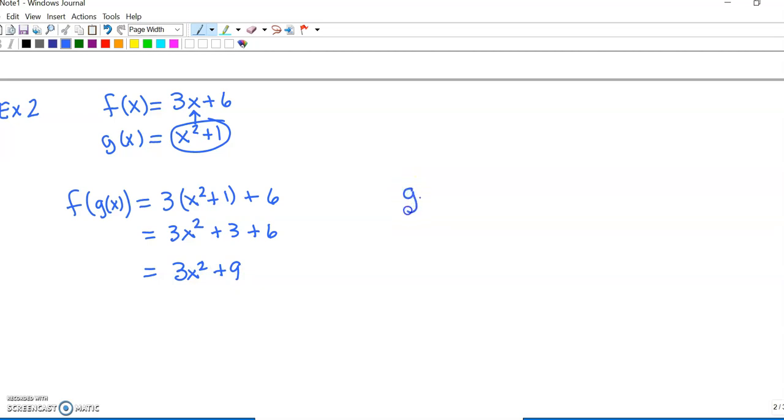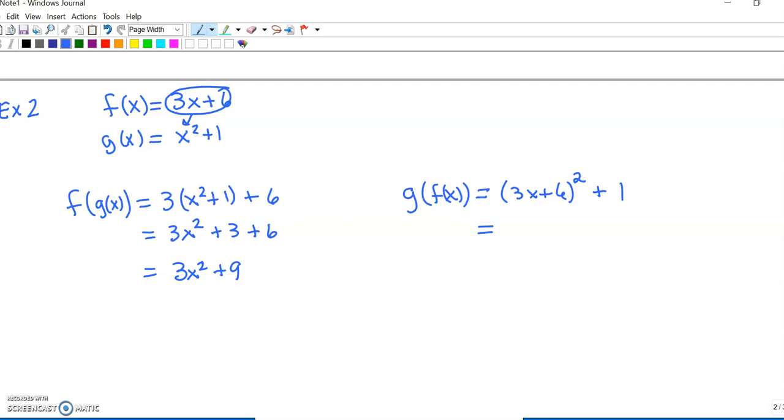Now if we're doing g of f of x, this time we're putting f of x into g, so we've got 3x plus 6, the quantity squared, plus 1. Now that takes us to that squaring a binomial process.